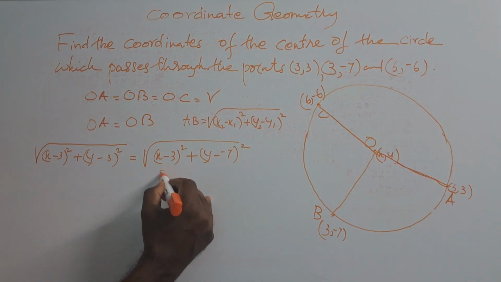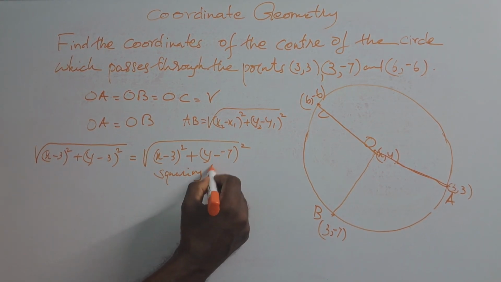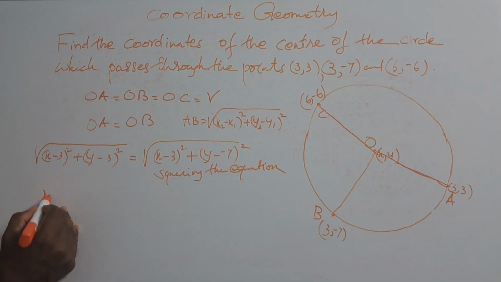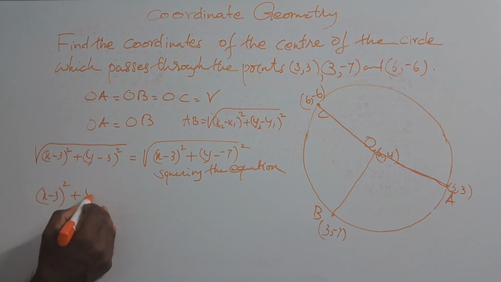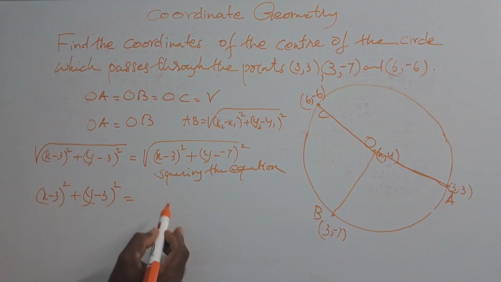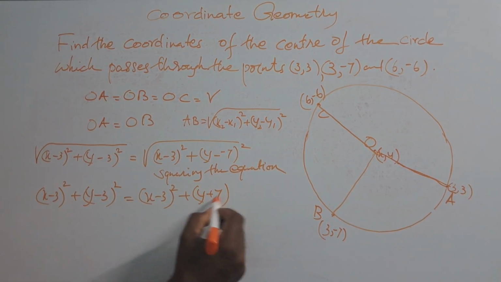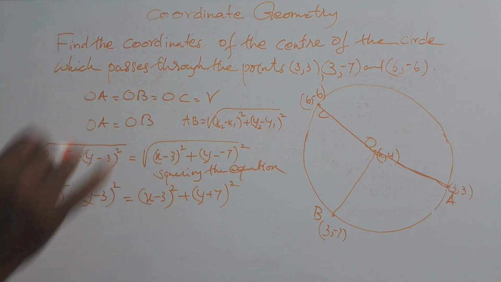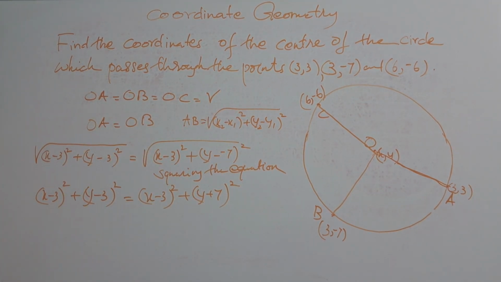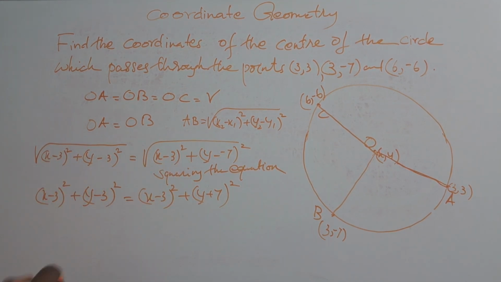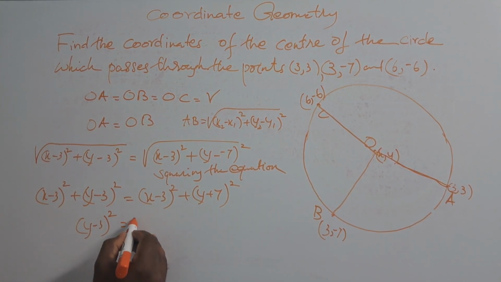Squaring the equation, we have (x minus 3) the whole square plus (y minus 3) the whole square is equal to (x minus 3) the whole square plus (y plus 7) the whole square. Minus 7 is plus 7. The (x minus 3) the whole square on both sides get cancelled, and finally we have (y minus 3) the whole square is equal to (y plus 7) the whole square.